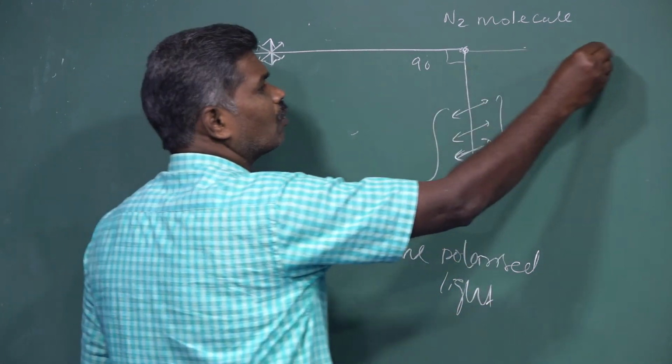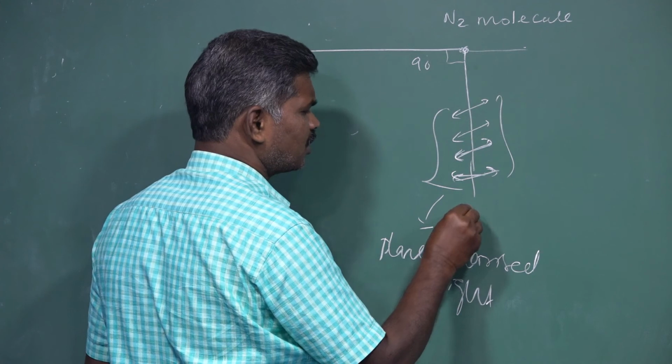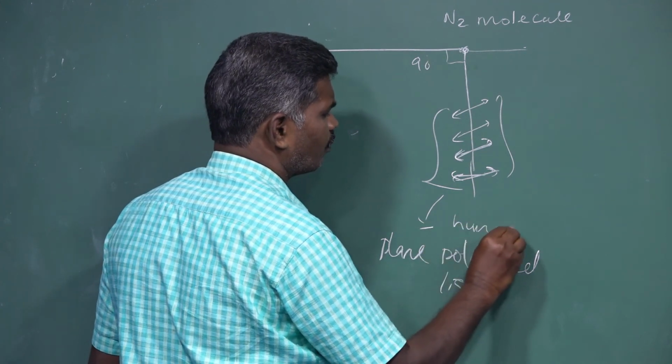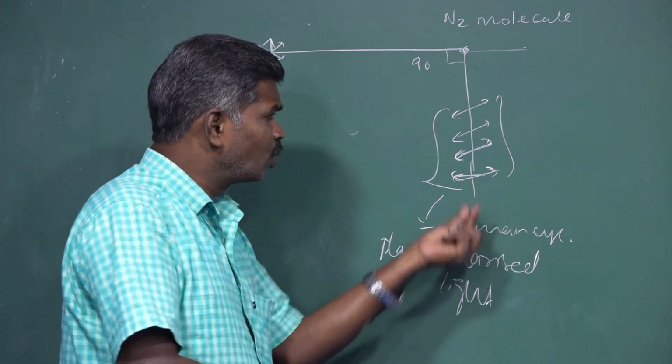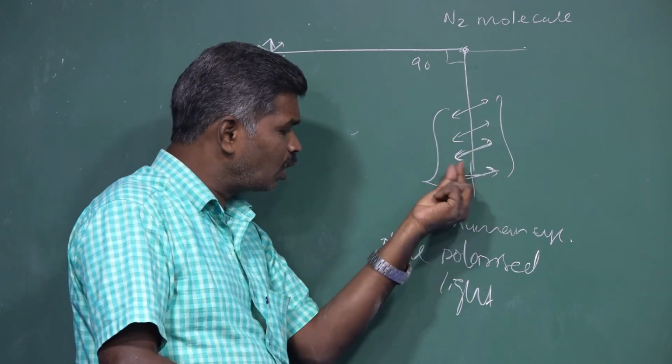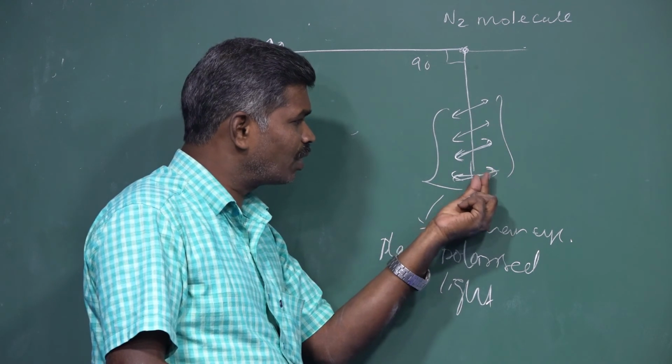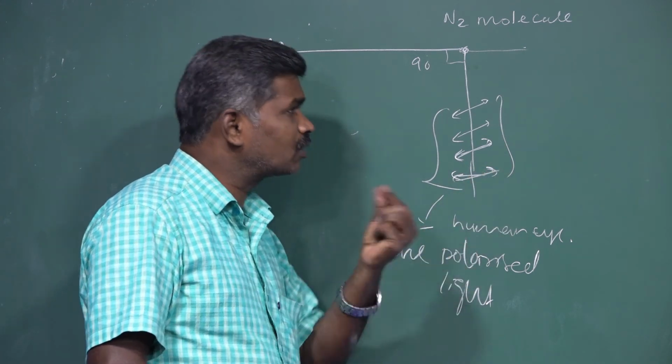If you view from here, considering the human eye, you see these rays have only one direction of vibration. That's why we consider it plane polarized light.